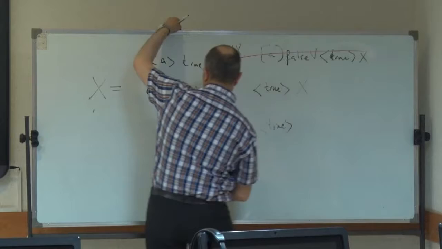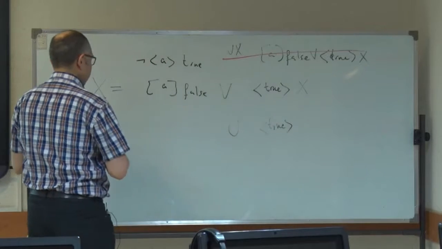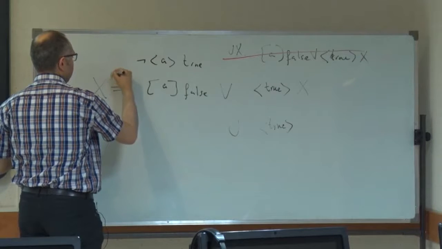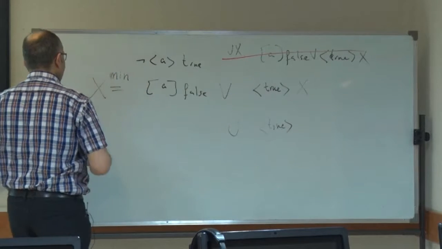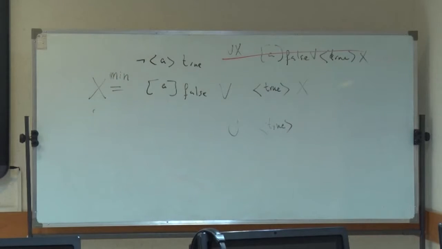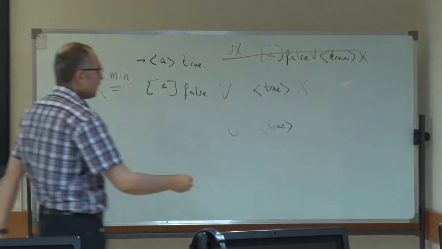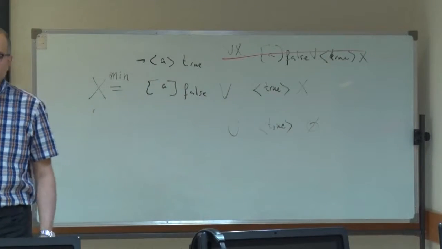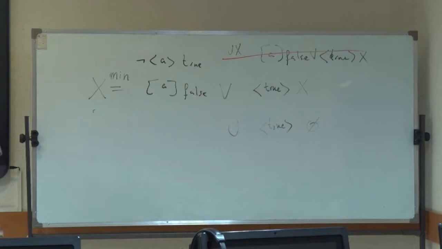How can I calculate the minimal fixed point? We start with the empty set. So from which state can I do something and end up in the empty set? I should be able to do something and then end up in the empty set. That's the empty set, right?